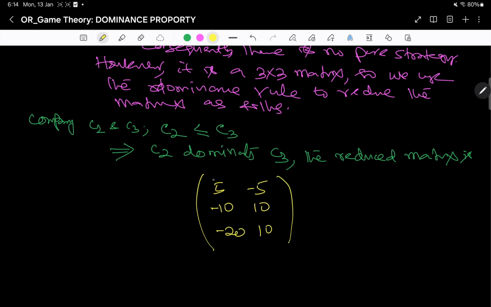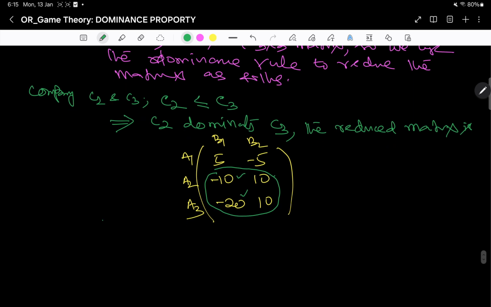Here we have B1, B2, and A1, A2, A3. Now we think of dominance here. If you compare these two rows, minus 10 is superior to minus 20, and 10 is equal to 10. So here you see row 2 is superior to row 3.